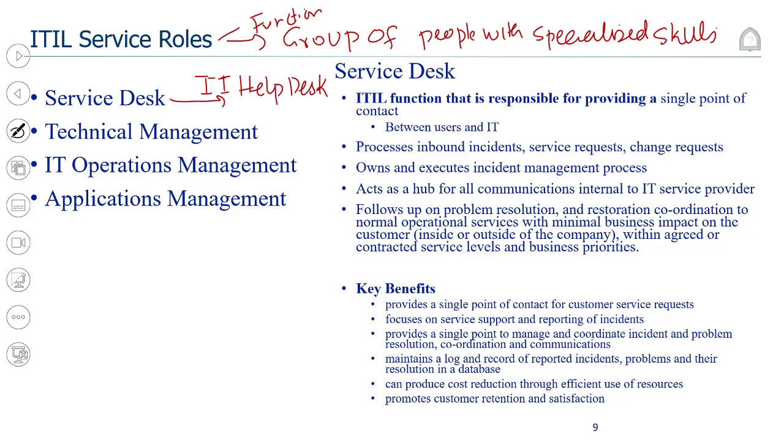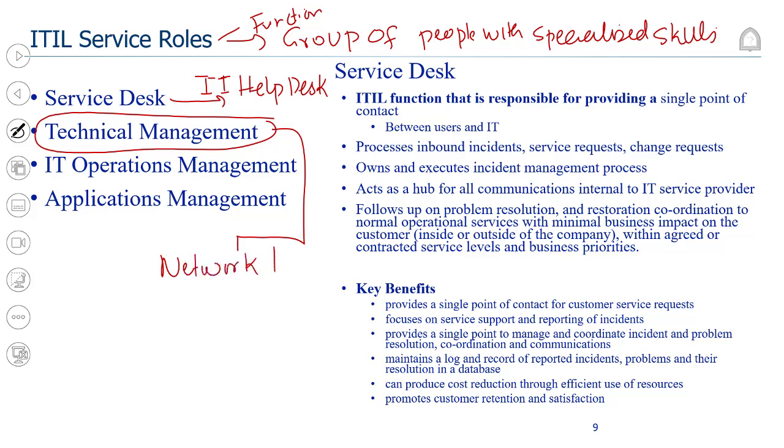And then you've got the technical management. Now, you will not find this as a single technical management team. We always have different teams here. So in most organizations, for example, you'll find a network team. We just won't have one technical management team. Nobody implements just a technical management team.